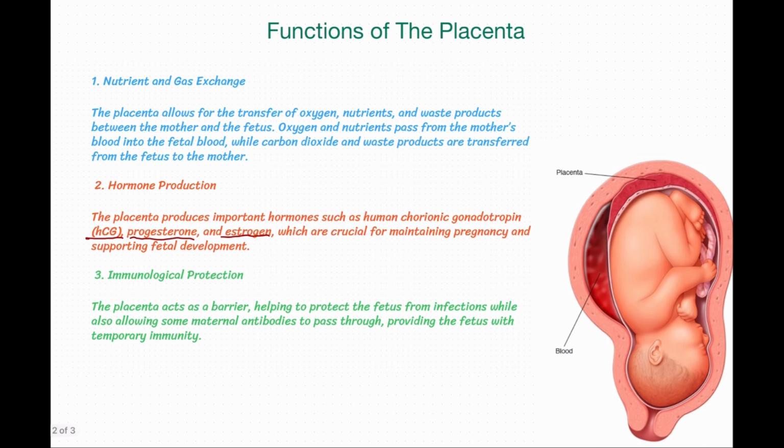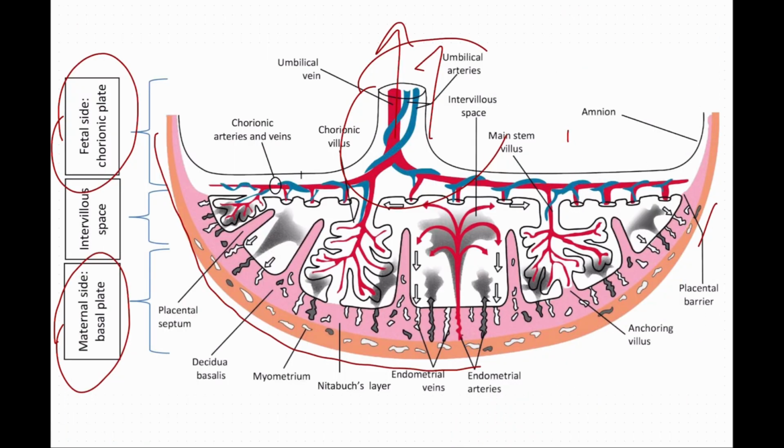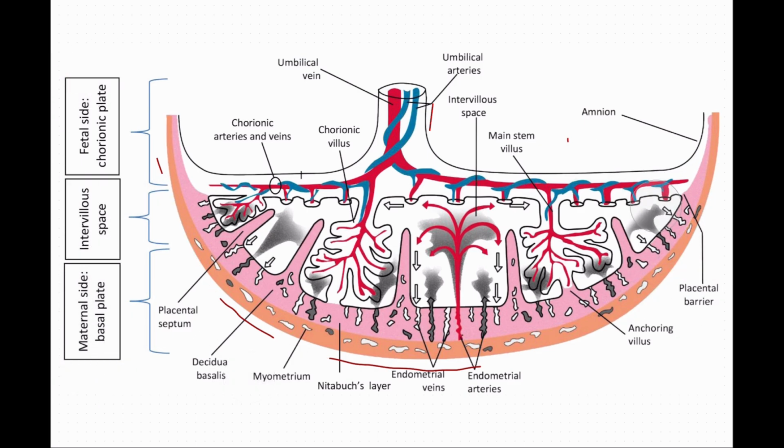So in this picture, this would be maternal, and this side here would be the fetal. Make sense? I hope you guys see the idea of how it's broken down. And then, of course, you have the intervillous space, which is right in the middle.